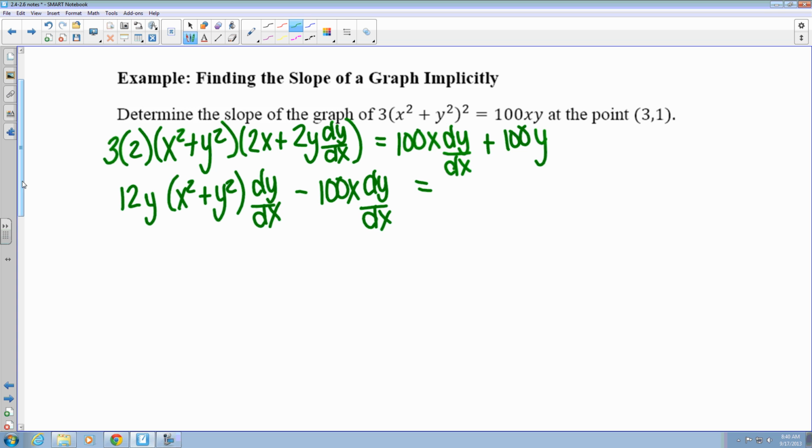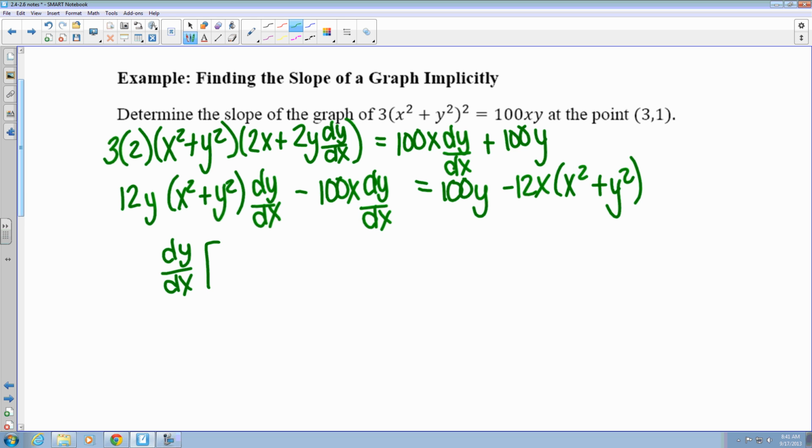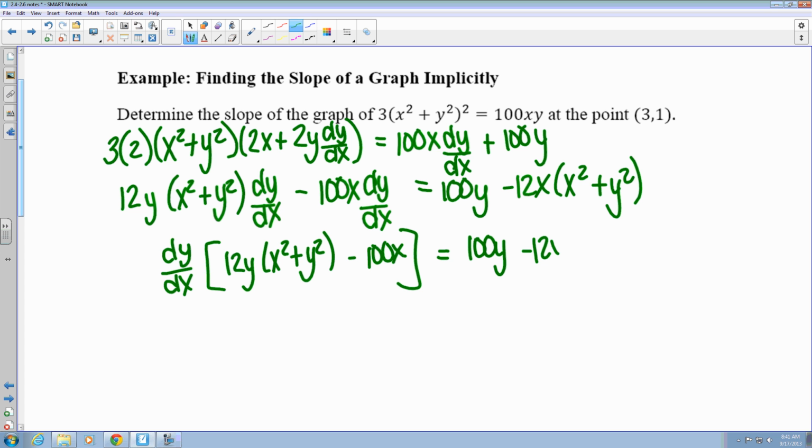I have moved all the terms over that had the dy dx in them. Factor out the dy dx on the left side. And divide.